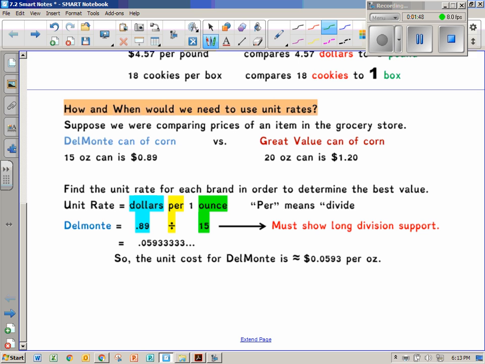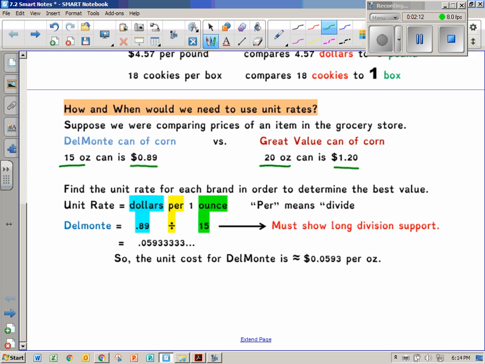So I gave an example, 2 different brands of a can of corn. They're different size cans, so they cost different amounts. So I know what 15 ounces cost here, and I know what 20 ounces of the Great Value brand cost, but I need to figure out how much 1 ounce costs for each one. And that would be finding a unit rate, and that would help us compare.